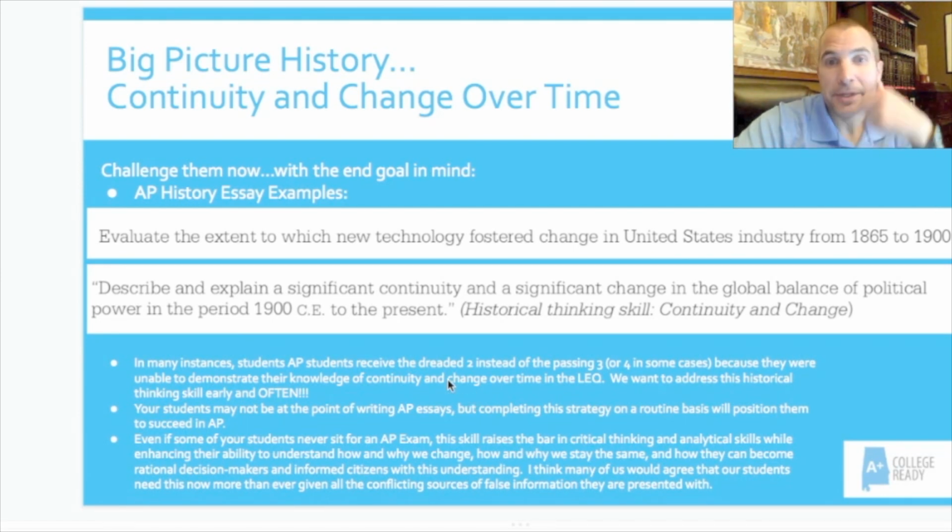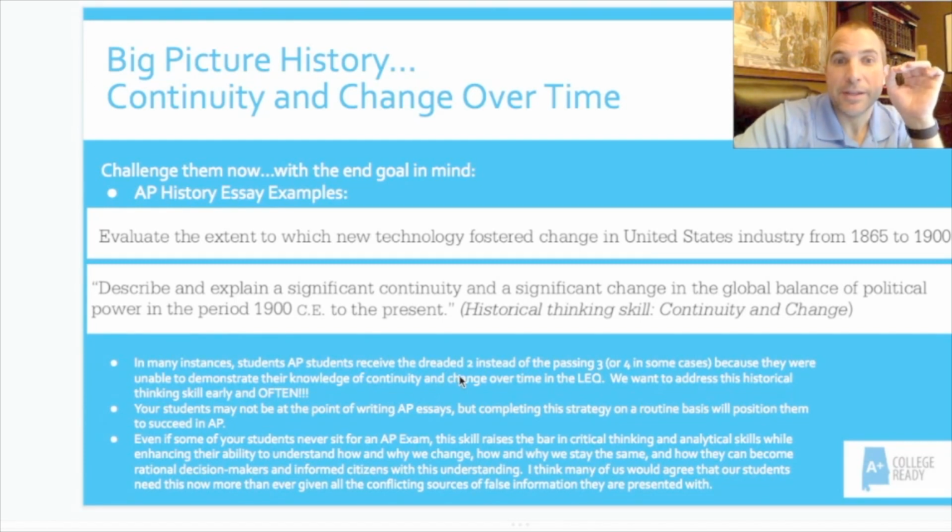In many instances, that's when they received that dreaded 2 instead of that passing 3, or sometimes 4 for some universities. They were unable to demonstrate the knowledge of continuity and change over time. And that was the cause. That was the problem.